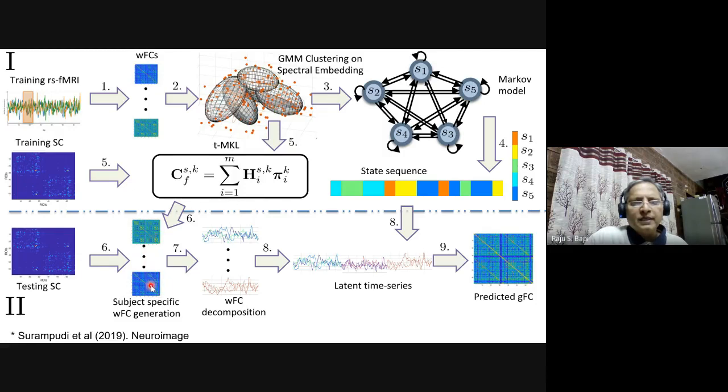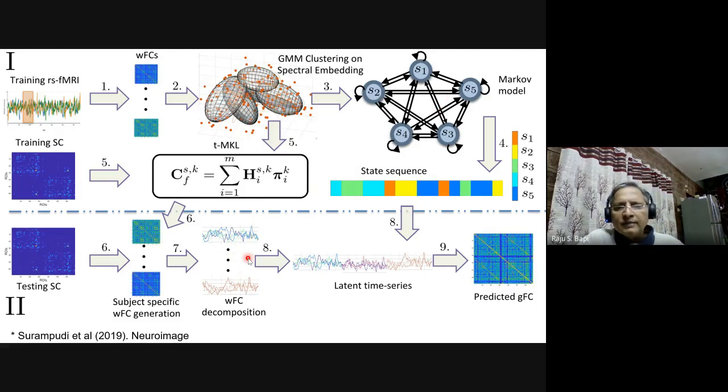So we predict, corresponding to these K states, each of them gives you a windowed functional connectivity. We decompose this into a time series. And now you have, let's say, 12 time series corresponding to these 12 different states, or 5 different states in this schematic, right?